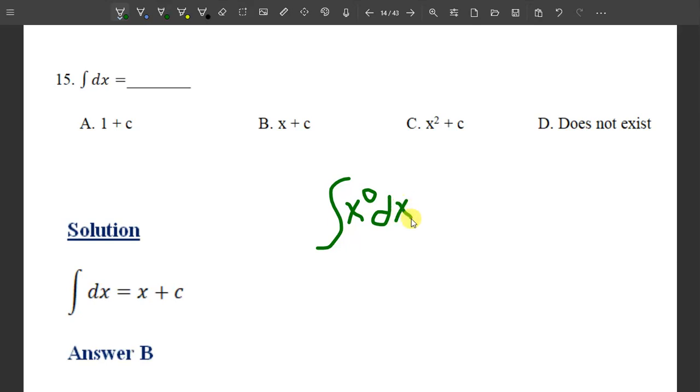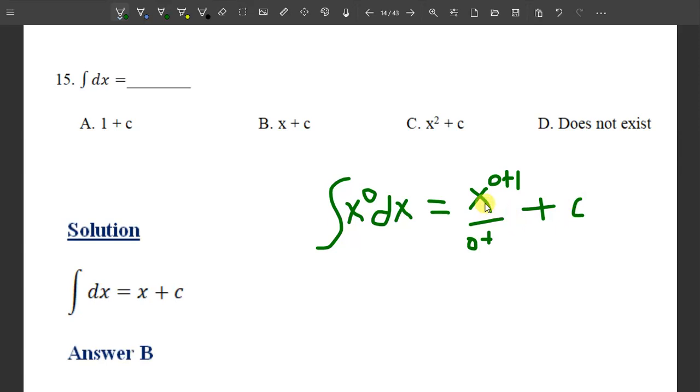Then the antiderivative of x to the power of 0 is going to be x to the power of 0 plus 1 over 0 plus 1, plus any constant c.